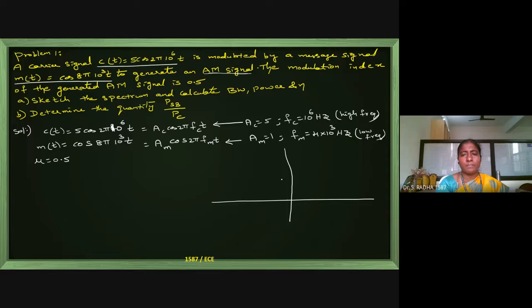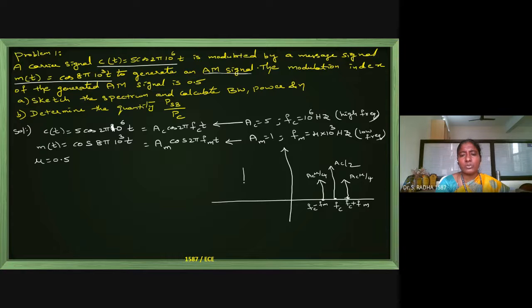We know the spectrum. At the center we will have Ac by 2, and on either side we will have Ac mu by 4 and Ac mu by 4. The frequencies are fc plus fm and fc minus fm, three frequencies.